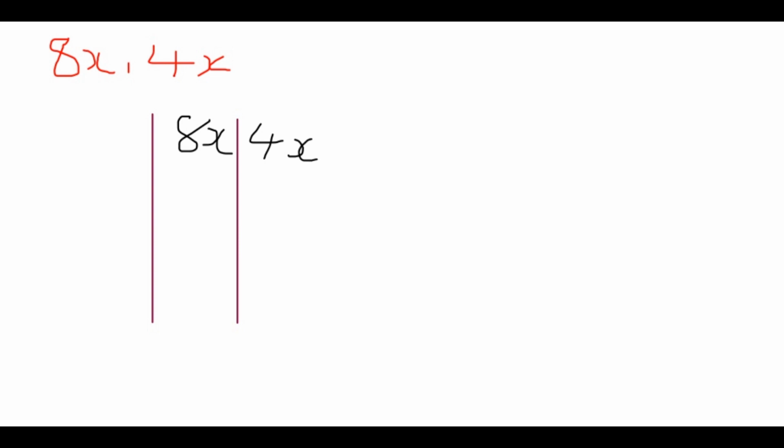So now we'll divide by the smallest number. Now note, 8x is equal to 8 times x, meaning if I were to divide by 2, 2 can divide 8 and it will give 4.